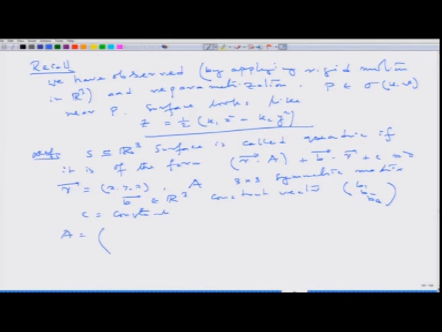So, if you write A in this form, A1, A2, A3, then A4 here, A4 here, A5 here, A5 here, A6 here, A6 here, then S becomes A1x square plus A2y square plus A3z square plus 2A4xy plus 2A5yz plus 2A6zx plus B1x plus B2y plus B3z plus C equal to 0.